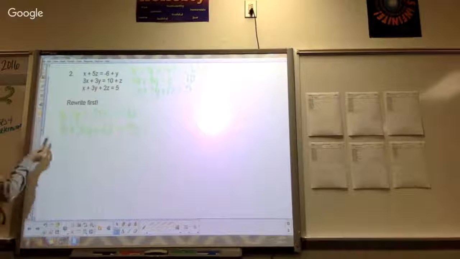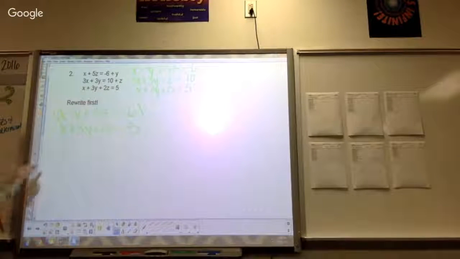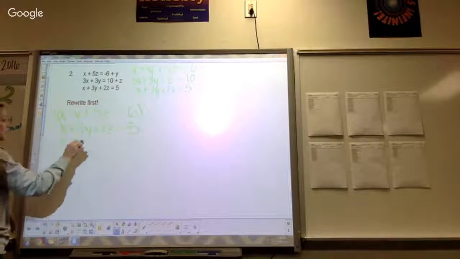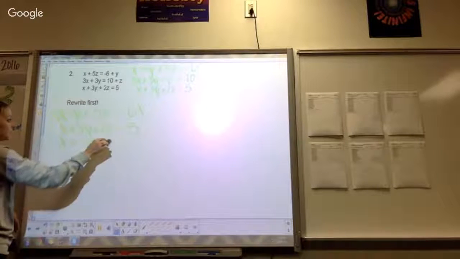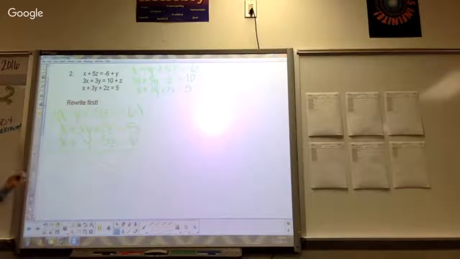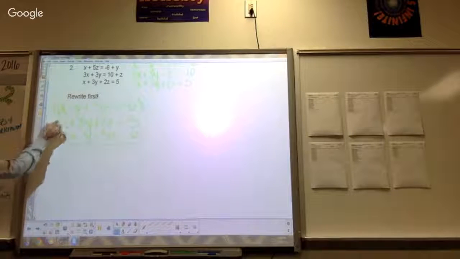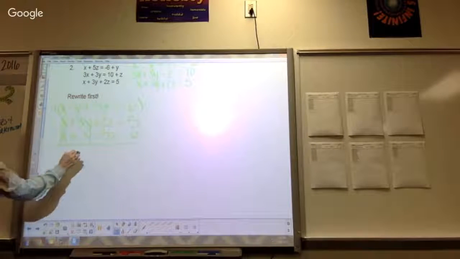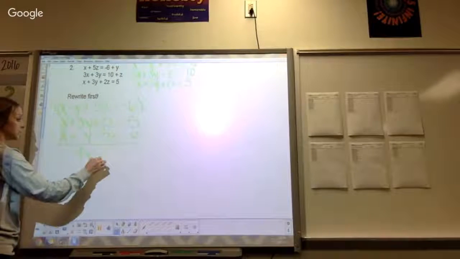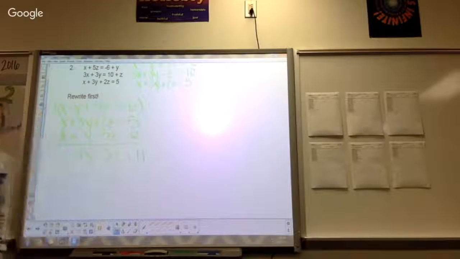So I'm going to multiply one of them by -1. So we'll just multiply that top one. So that would be -x plus y minus 5z equals a +6. So the x's cancel. You have 4y minus 3z equals 11.